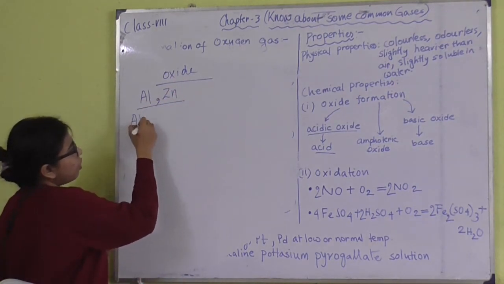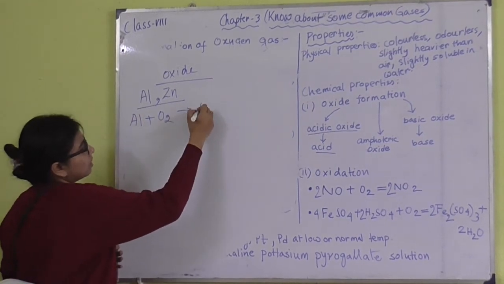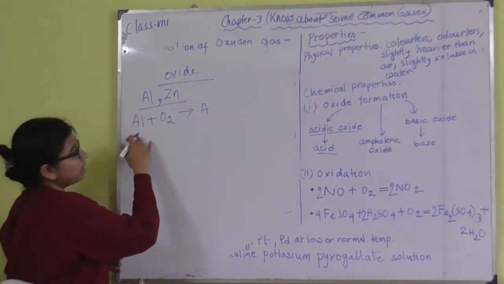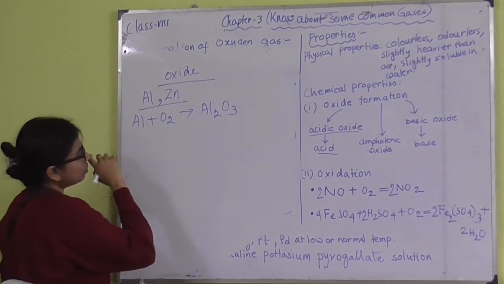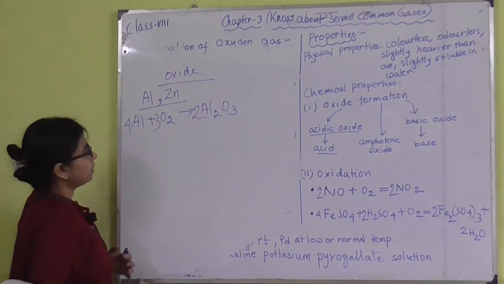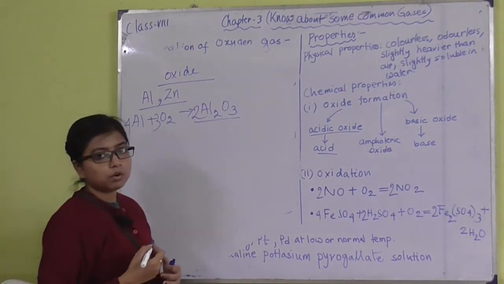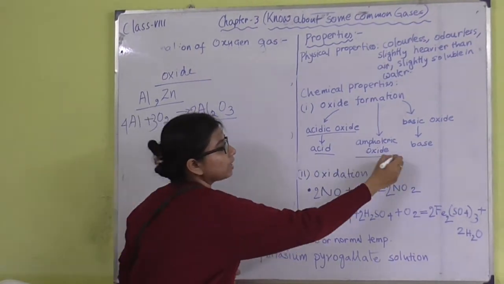If we form the oxide of these metals, here if we consider aluminium, we will get Al2O3. 4Al plus 3O2 gives 2Al2O3. This is aluminium oxide. Aluminium oxide is an example of amphoteric oxide.